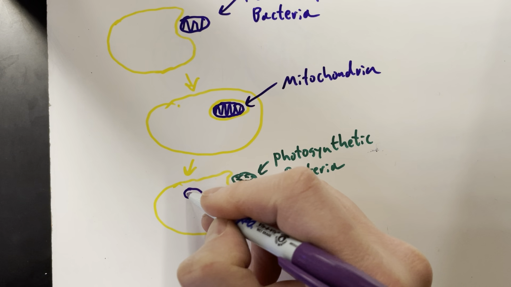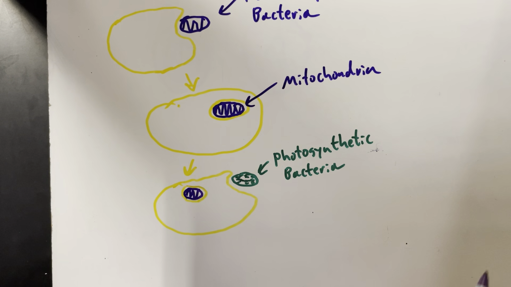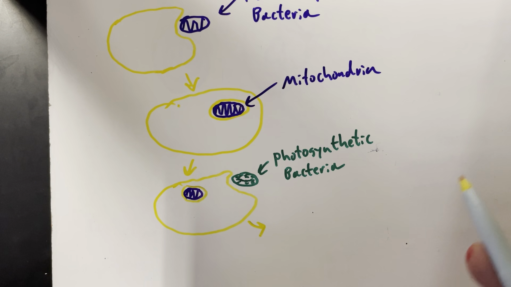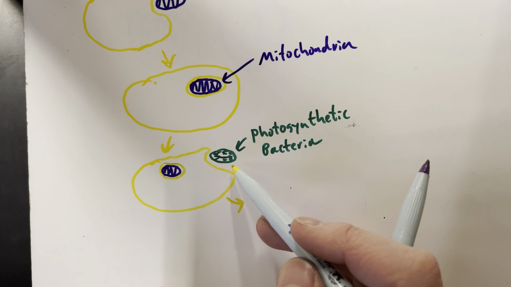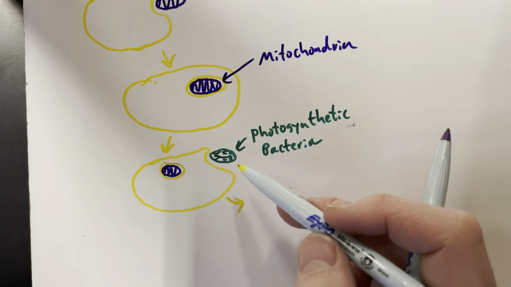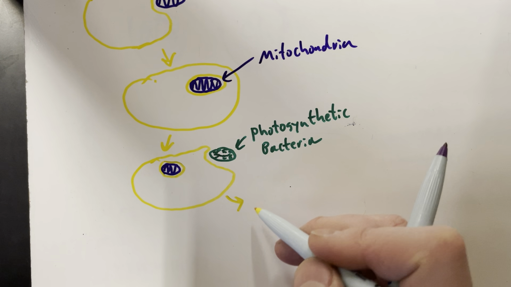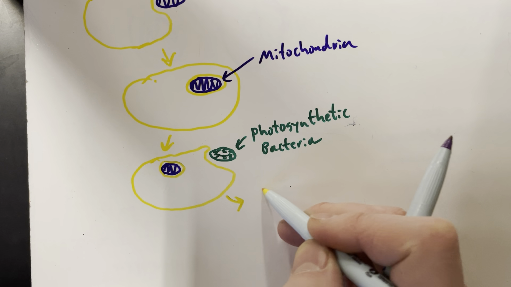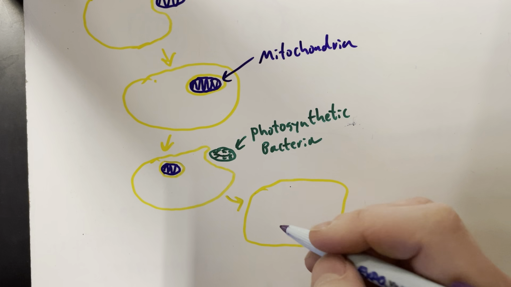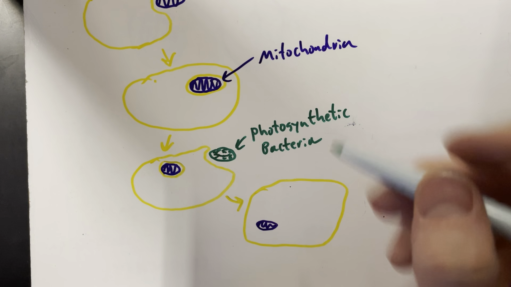I'm going to put the mitochondria in there, too. It might be more beneficial, instead of eating the photosynthetic bacteria, to just keep that photosynthetic bacteria inside you. And it can make all of the carbon molecules, the sugar, from the sunlight instead. This becomes like a plant cell with mitochondria and chloroplasts.